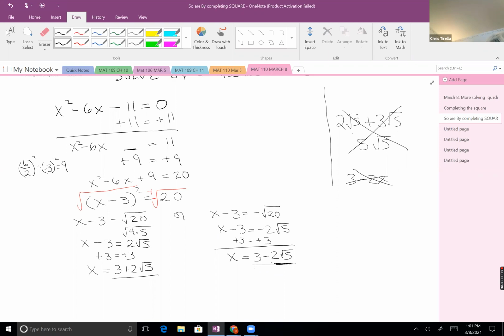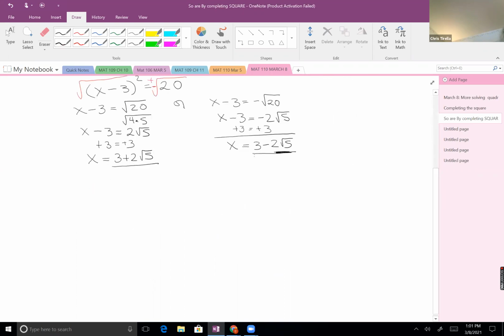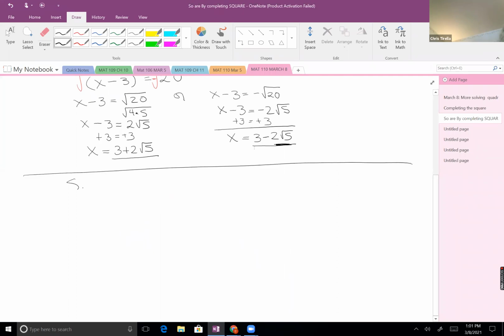Let's look at, solve by completing the square. x squared plus 4x plus, oh, you know what?